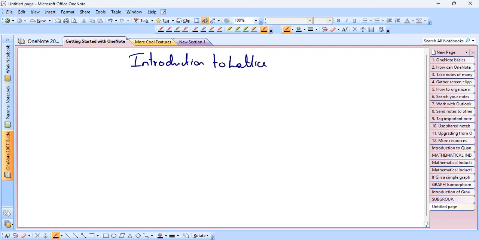A lattice is a partially ordered set (L, ≤) in which for every pair of elements A, B belongs to L, greatest lower bound and least upper bound exist.